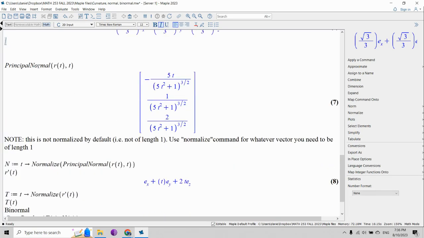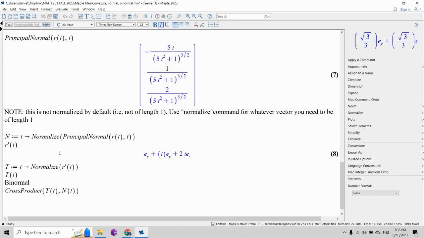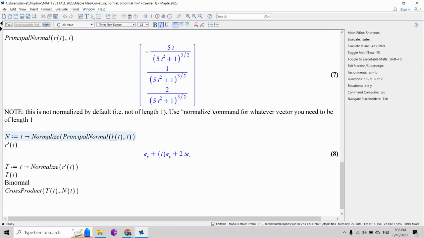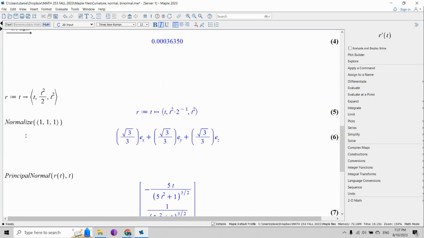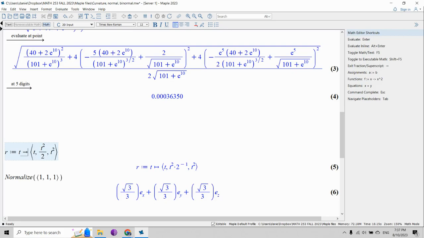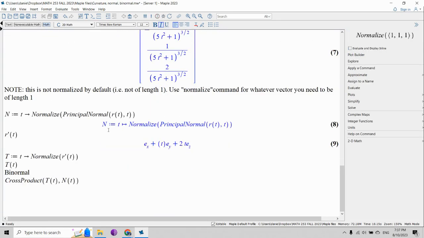So going back to the principal normal, if you want to find the actual unit normal, call the PrincipalNormal command and put it inside the Normalize command. We did this, but we didn't load the function, sorry. Let me load the function here.